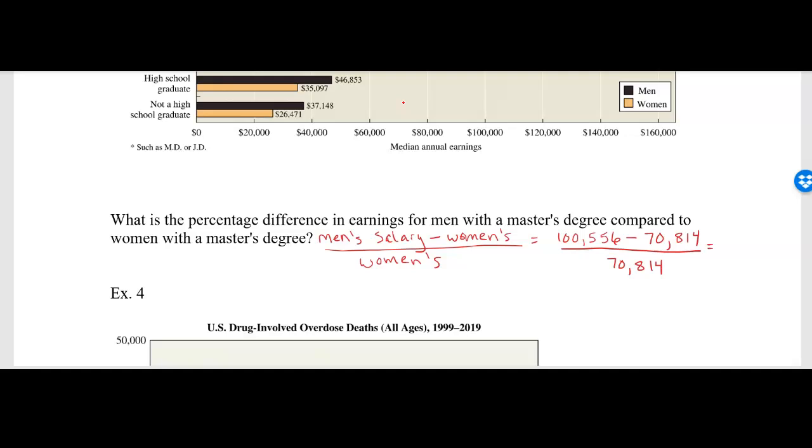So subtract the numerator, that's going to be 29,742. And we're going to divide that by the women's salary, which is the 70,814. That's going to give us the percent that we're asking. Okay? So let's just say we round to the nearest hundredth. We should get about 0.42, which if we're asking as a percent would be 42%.